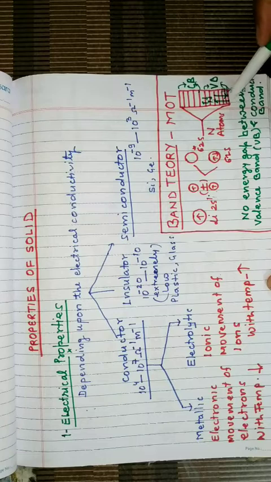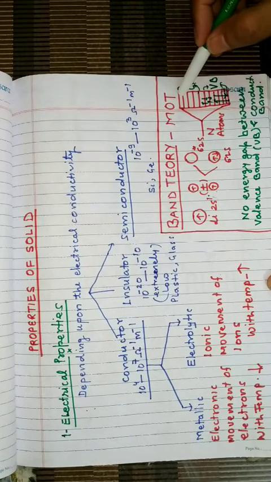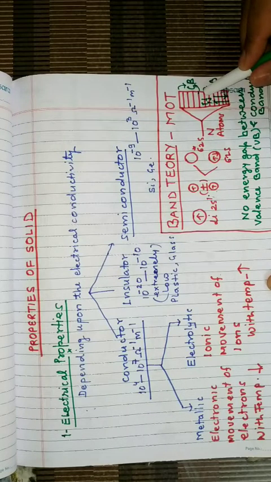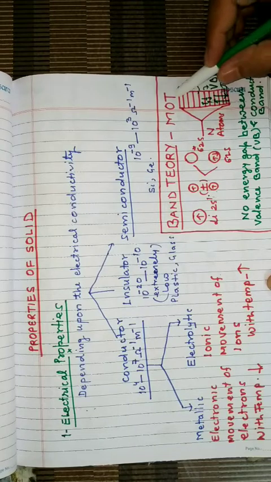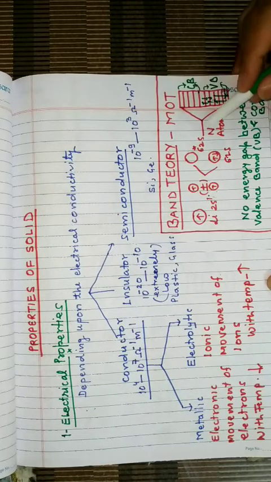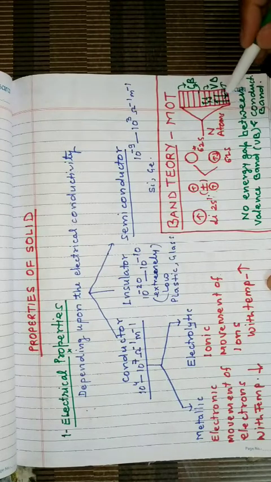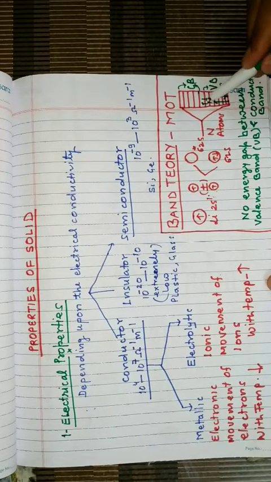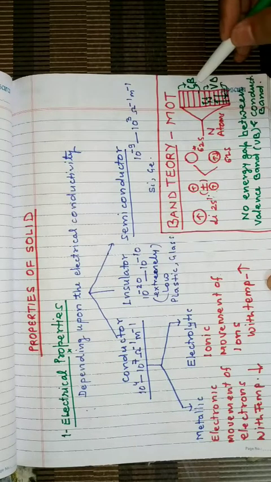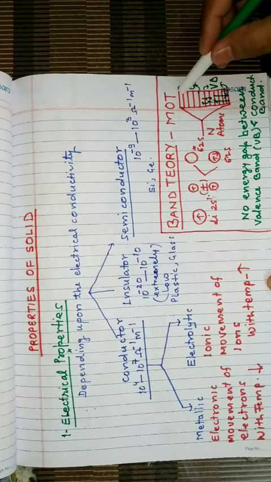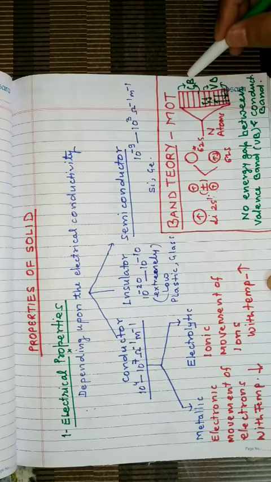So if there are n molecular orbitals, n by 2, that is half the molecular orbitals, are filled and contain the valence electrons, and the other half within the same energy level are lying vacant. The molecular orbitals which contain valence electrons constitute the valence band, and the lowest lying empty molecular orbitals constitute the conduction band.